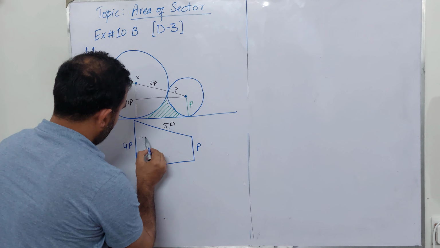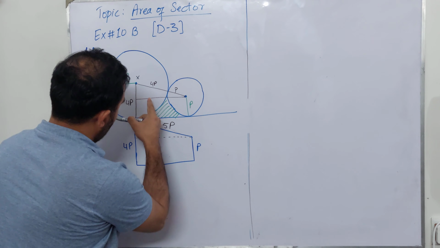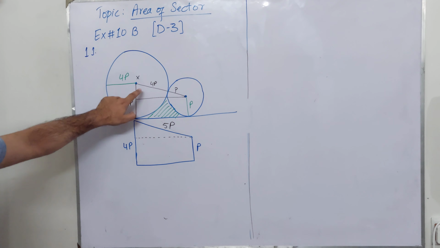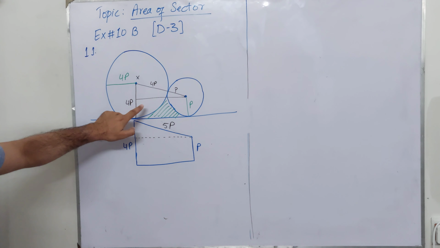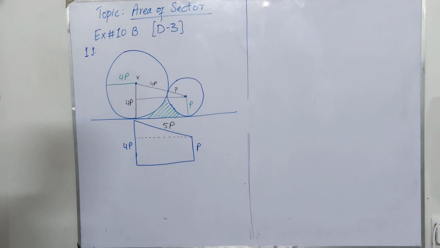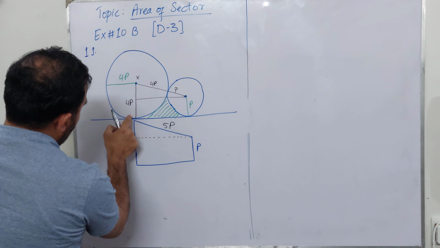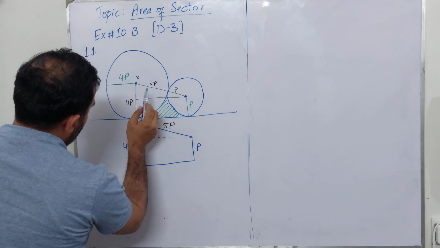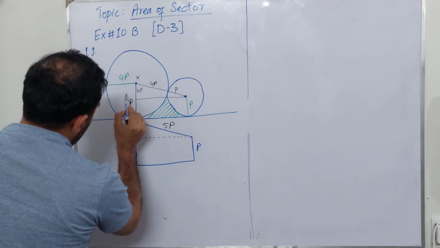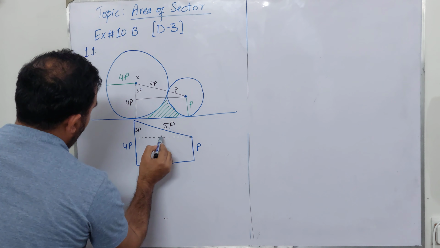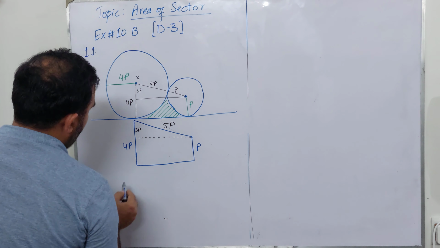And this is the usual right angle triangle like this. Okay, so what we have to do over here, using this right angle triangle, there is one more thing: since from here to here it's 4p and this is p, this will become 3p. Okay, so this right angle triangle has 3p and this is 5p, right?